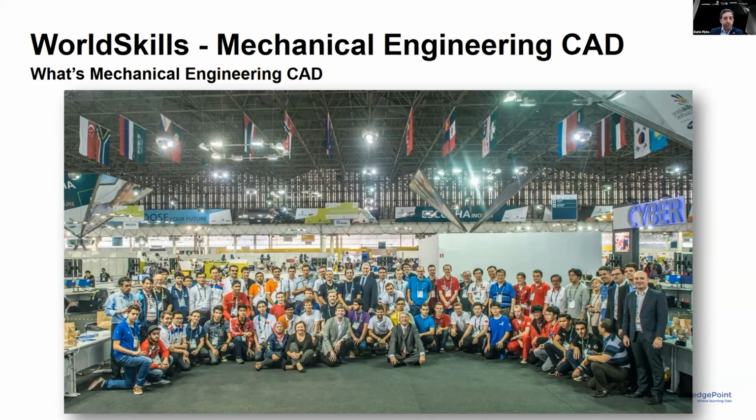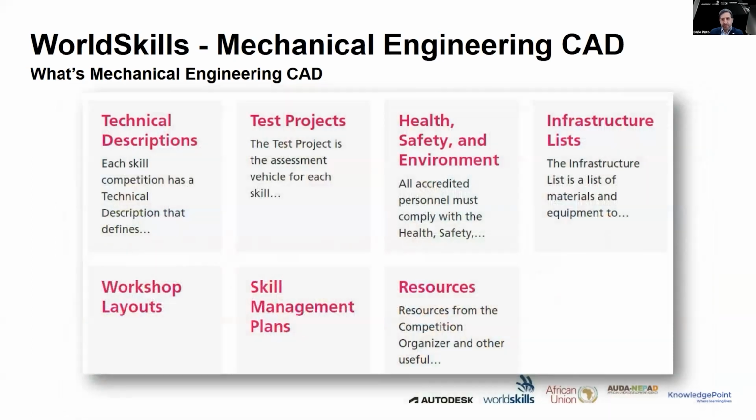Moving a little bit forward, we need to explain first. There is lots of information at the WorldSkills website. You just need to create an account. Any person can create that account. After creating the account, you will have access to all the information. So, as you can see at the website of WorldSkills International, you can find the technical description.